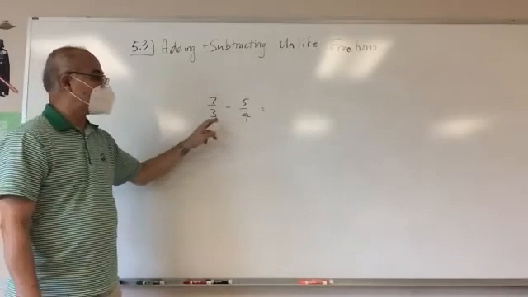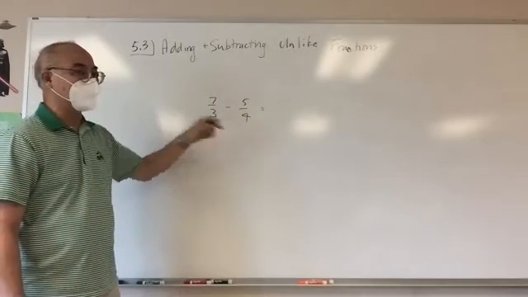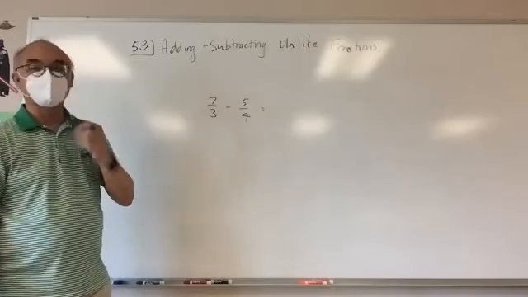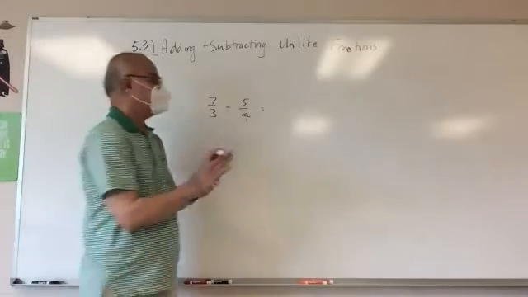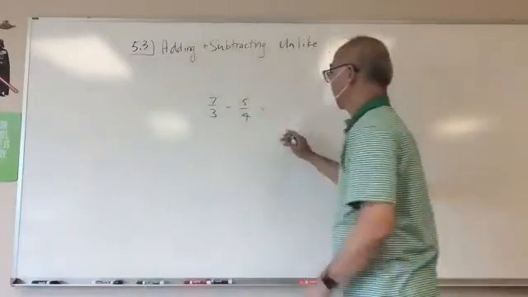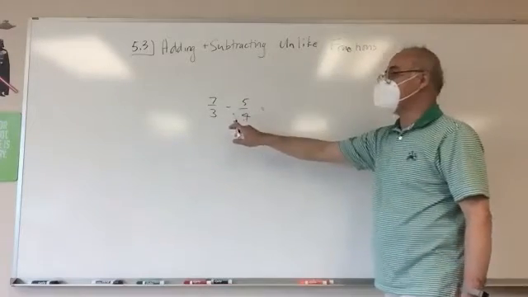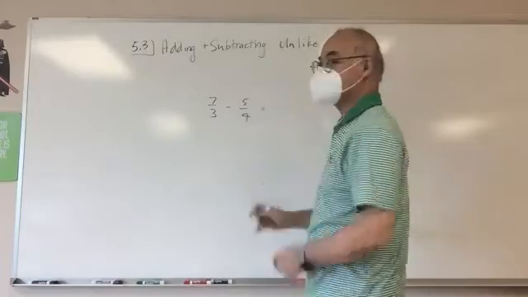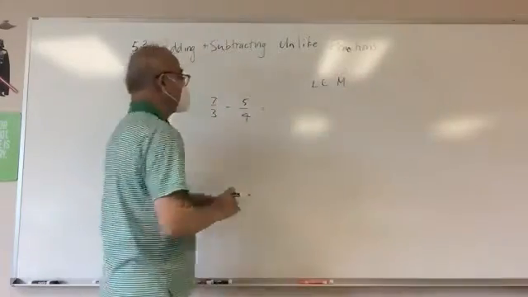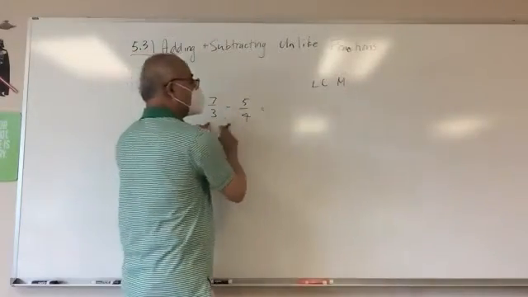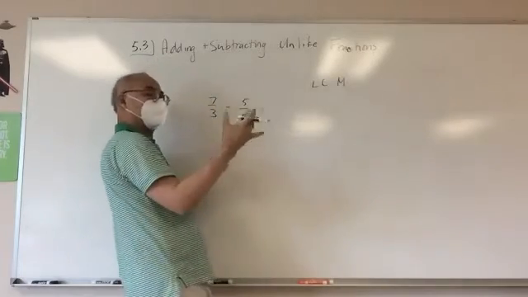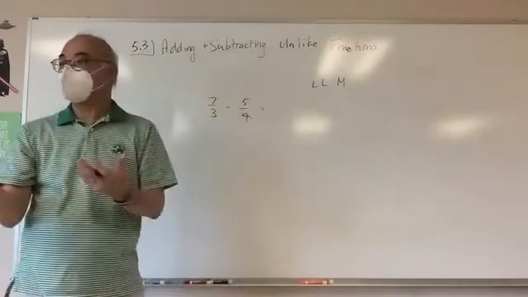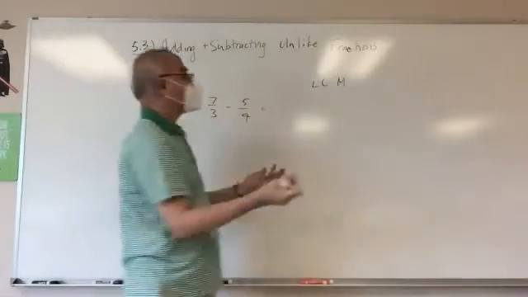So I have to find a number that works. This is where I'm going to use the least common multiple. So the least common multiple here would be 12, 3 times 4, really. 3 times 4 would be 12.